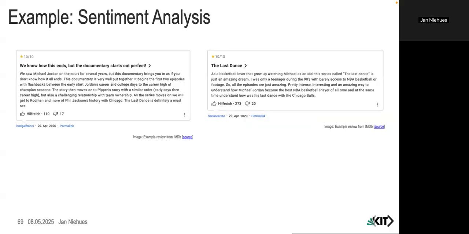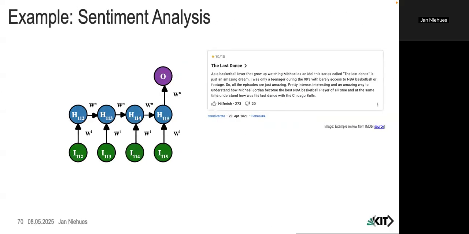We therefore use this type of RNN, where we're not really interested in the hidden states in between. We only want to know at the end whether this is a positive or negative review. So it's a sequence classification.